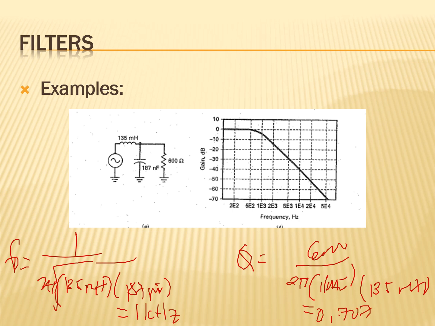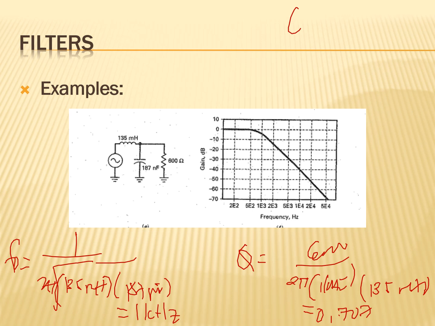So this will give us 0.707. When we plot that, this almost looks like a Butterworth response. So the response now is somewhat a Butterworth response. That is where the design is being implemented.